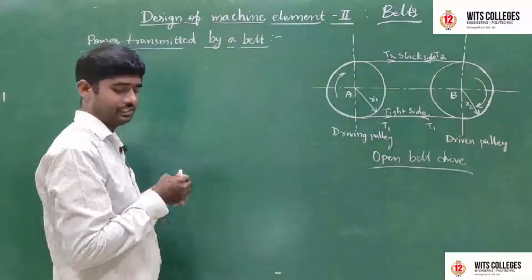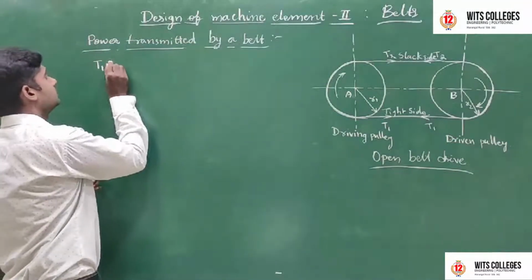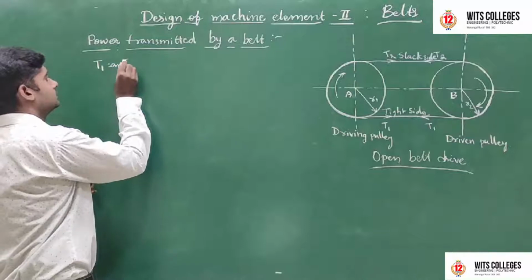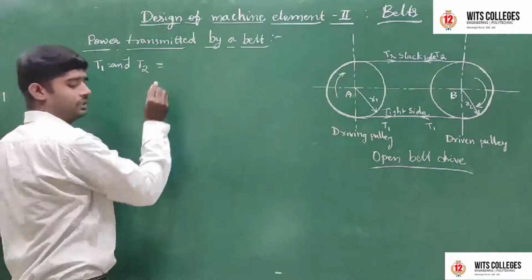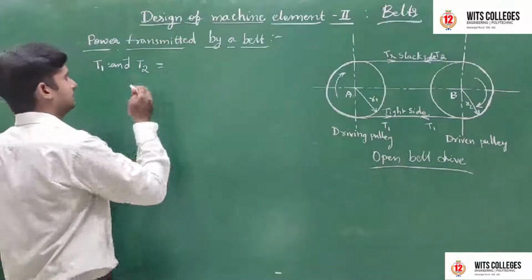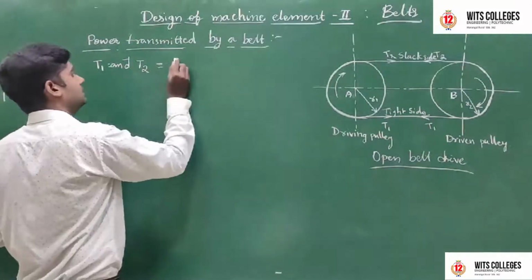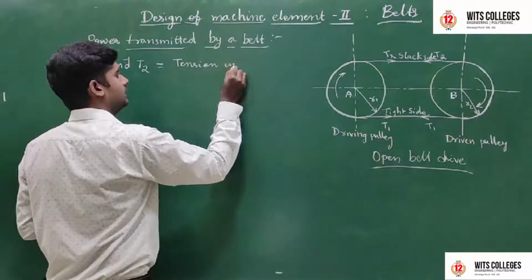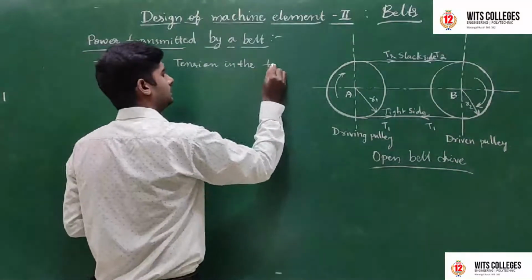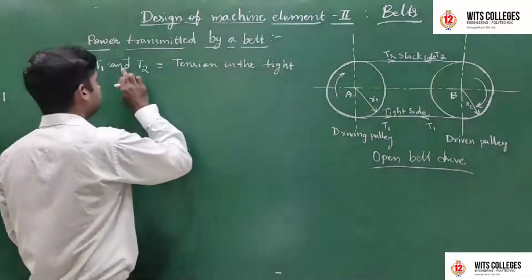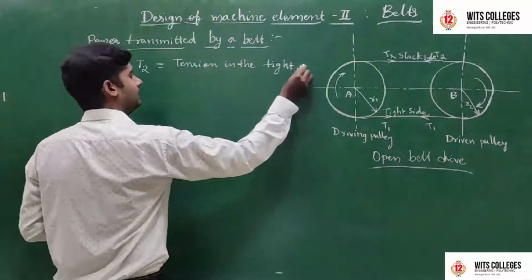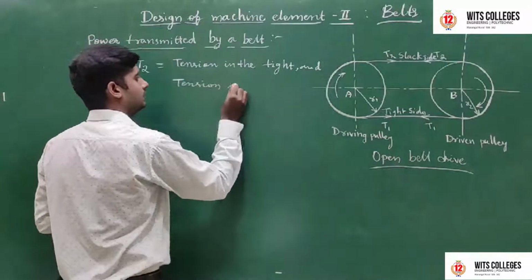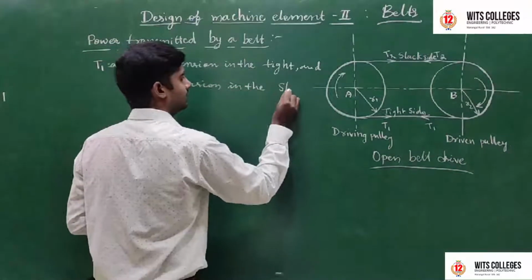These two are tensions. T1 is the tension in the tight side, and T2 is the tension in the slack side.